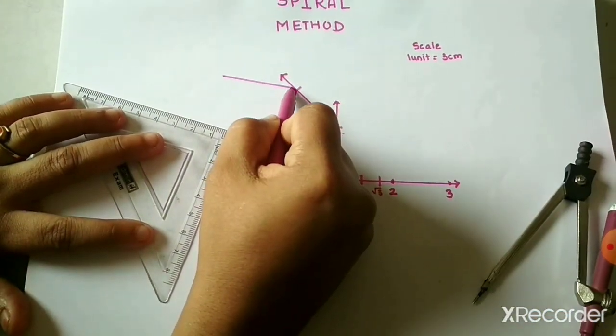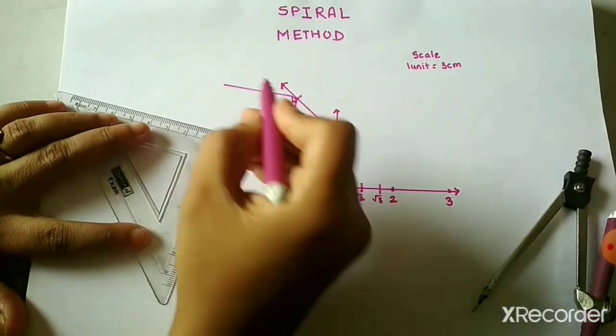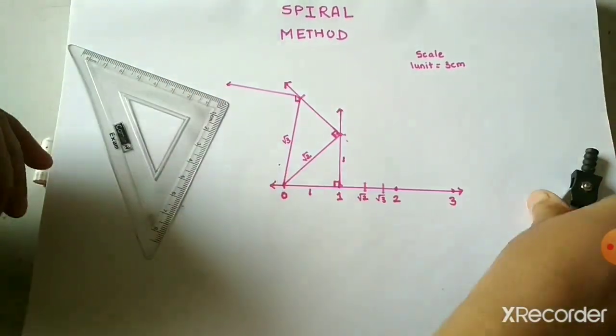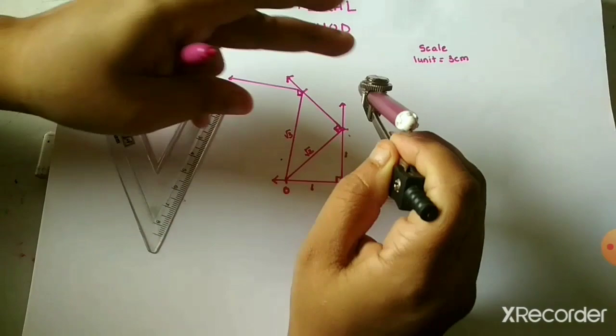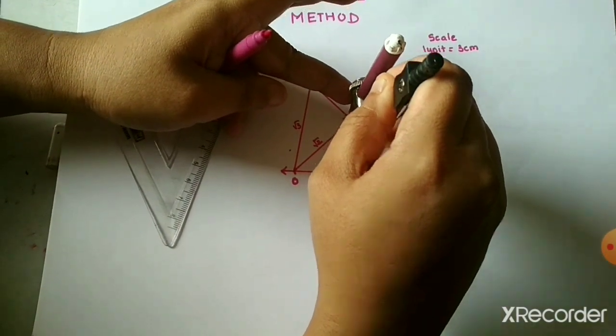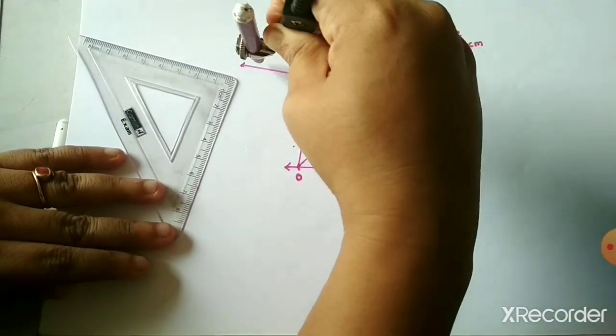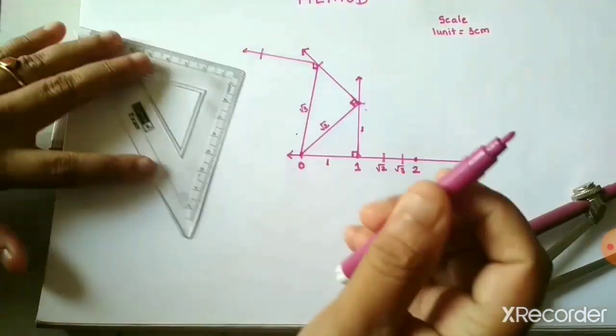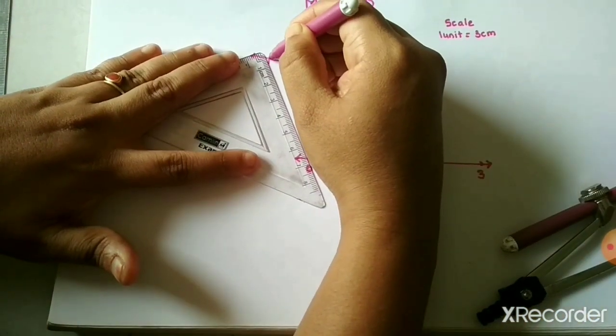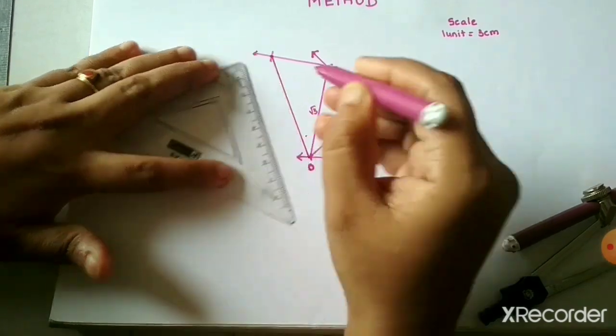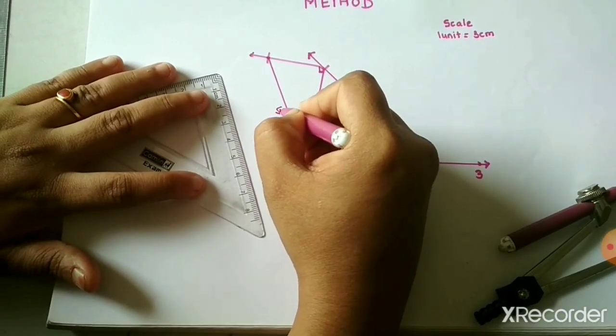If you draw the perpendicular, show the 90-degree angle and again take a 1 unit distance in your compass. Just mark it, and join it as a hypotenuse, and that hypotenuse value is nothing but your root 4.